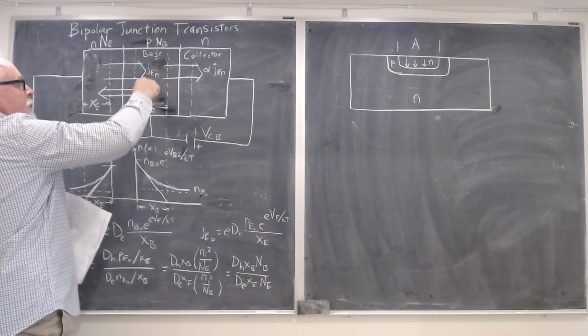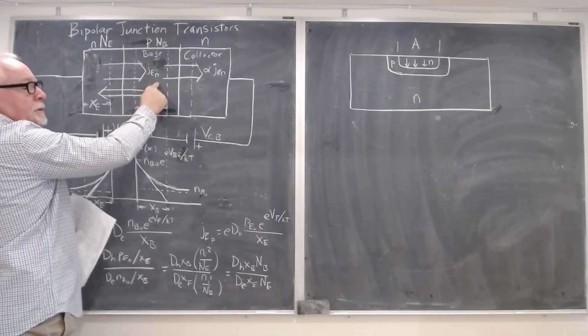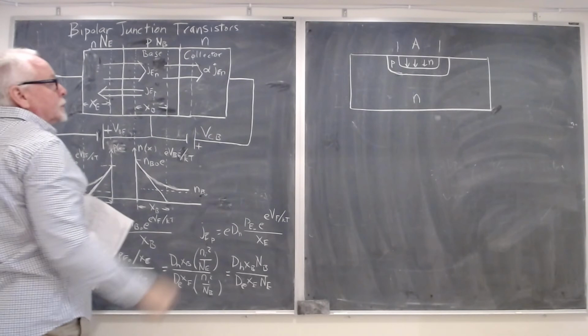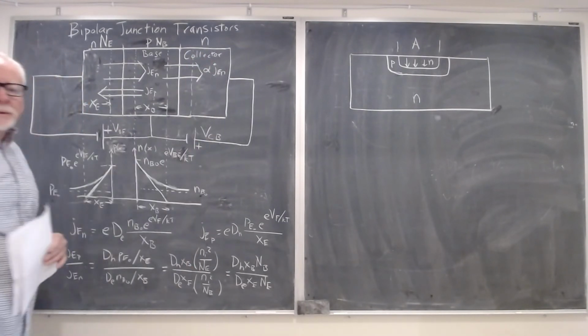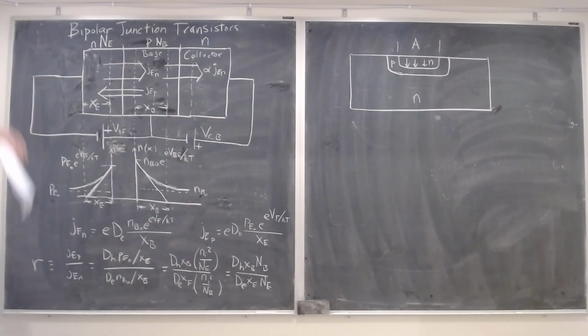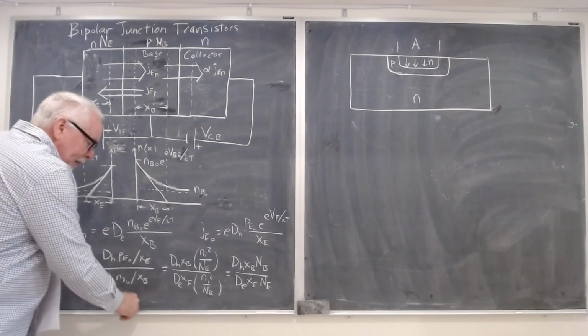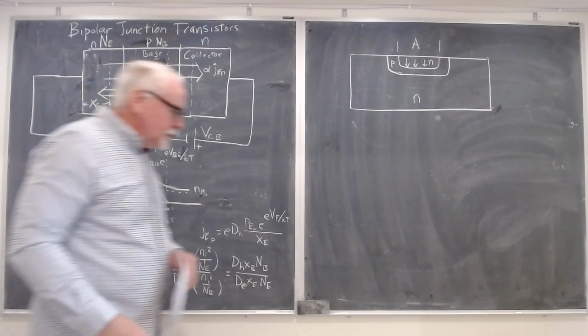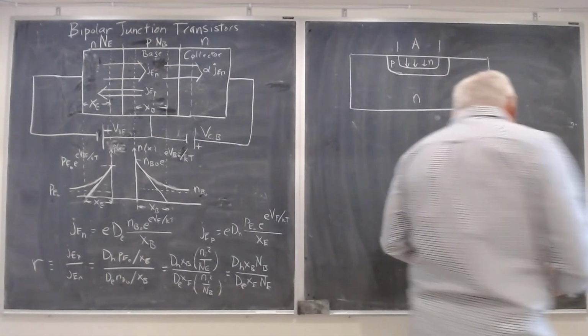And what happens is you lose a few electrons in the base. So alpha is something like 0.9 or something like that. All right, and that's really all we need for a basic first order analysis of a bipolar junction transistor.